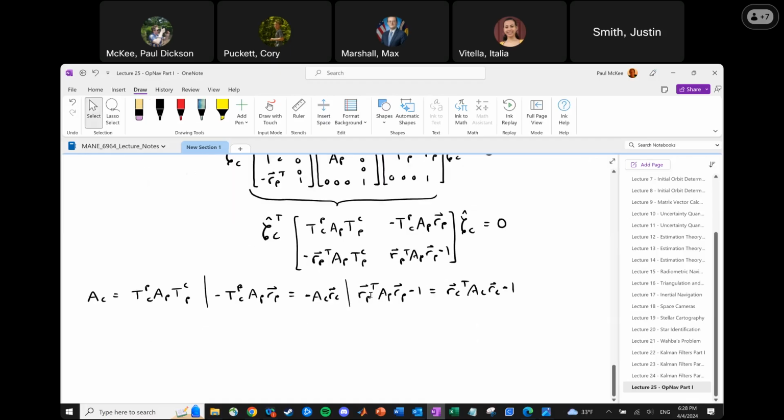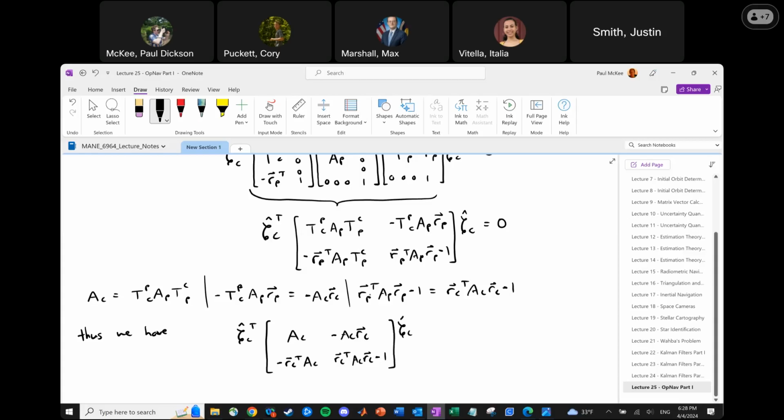And so we can simplify even further and say, thus, we have zeta C transpose times this matrix, which is A_C, negative A_C R_C, negative R_C transpose A_C, and R_C transpose A_C R_C minus 1, times zeta C, again, is equal to 0.